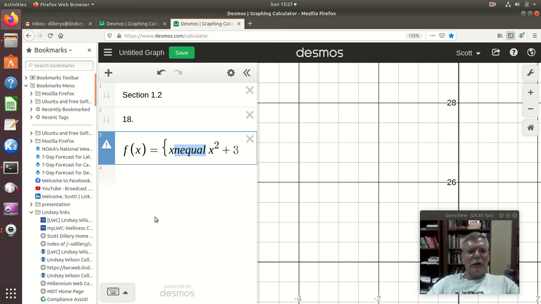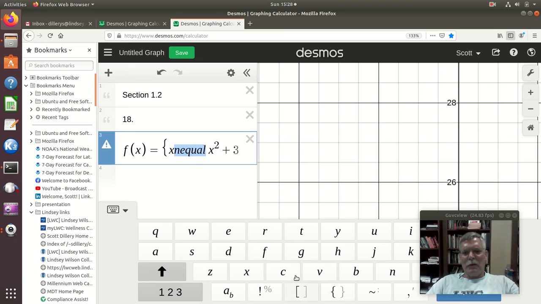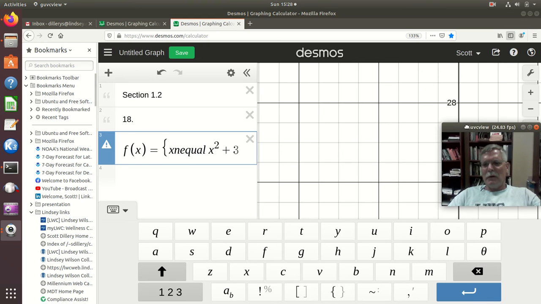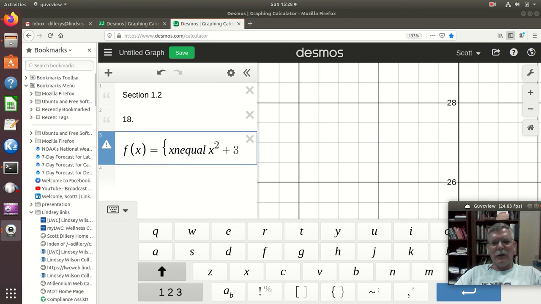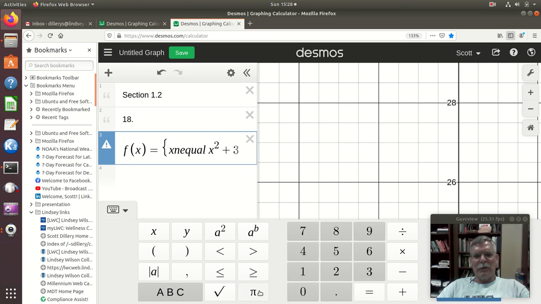Now, I can always go here and look to see, so here are some symbols. I see greater than or equal and so forth. I see braces. I'm hiding some things there, but there's no not equal sign there. So I go back to the numbers. There's equal. Nope, I don't see anything there.